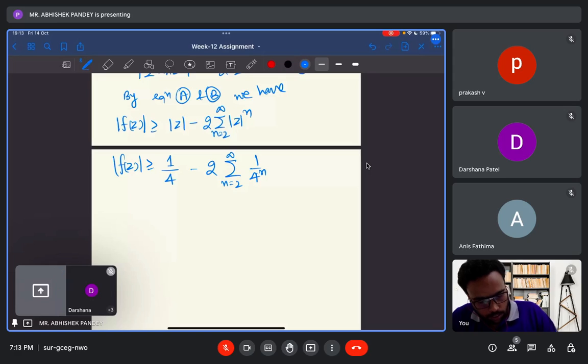This equals 1 by 4 minus 2 into 1 upon 16 upon 1 minus 1 upon 4.